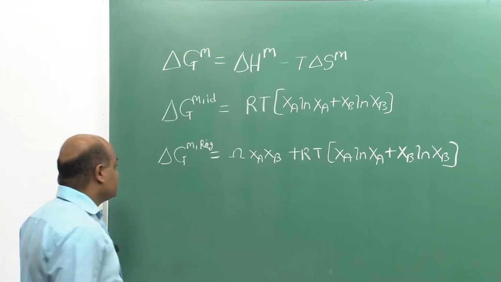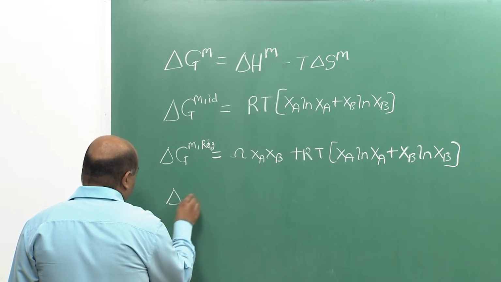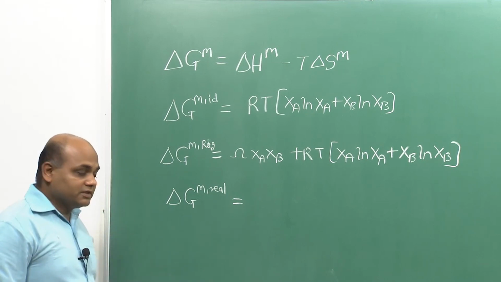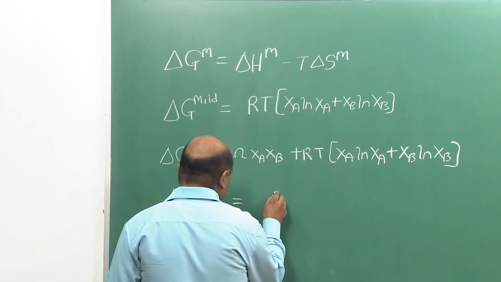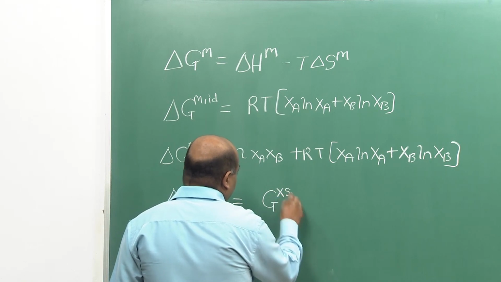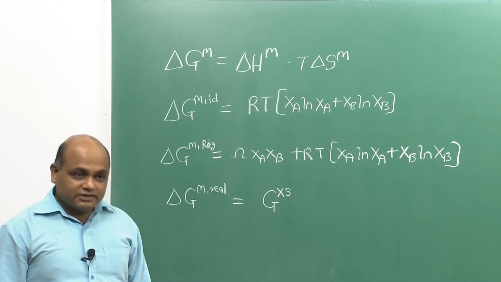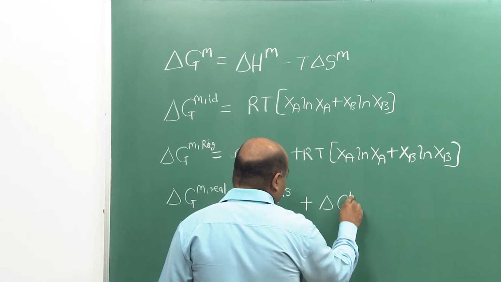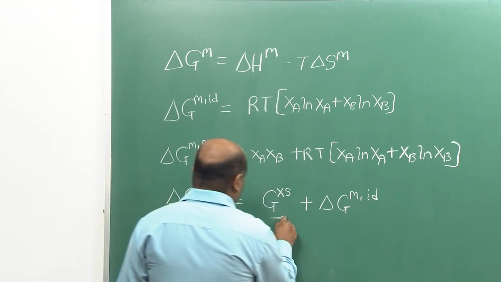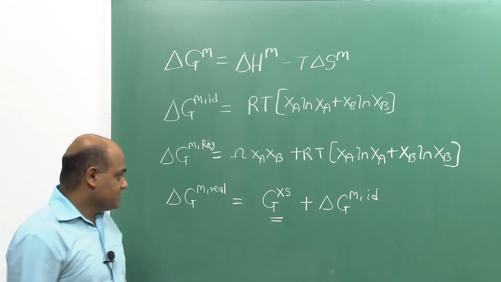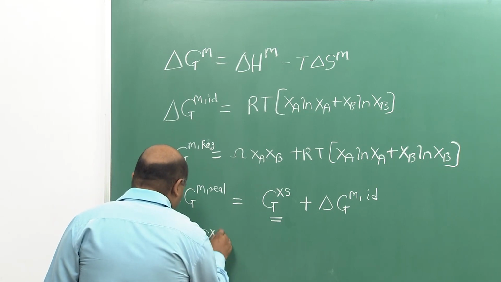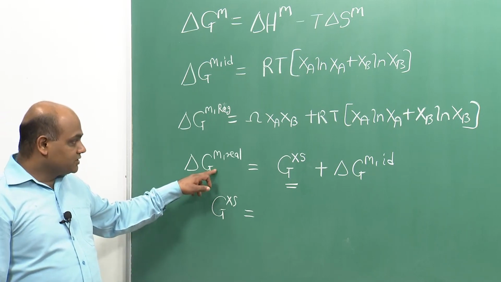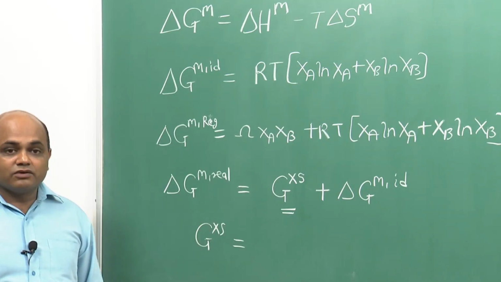So, in real solutions, the way the Gibbs free energy of mixing is modeled is that we define a quantity called molar excess Gibbs free energy. So, the molar excess Gibbs free energy Gxs is nothing but difference in the Gibbs free energy of mixing of a solution and its Gibbs free energy of mixing if the solution was ideal.